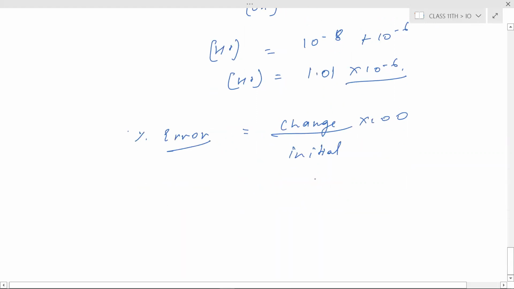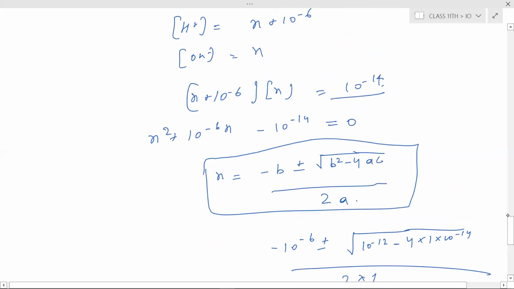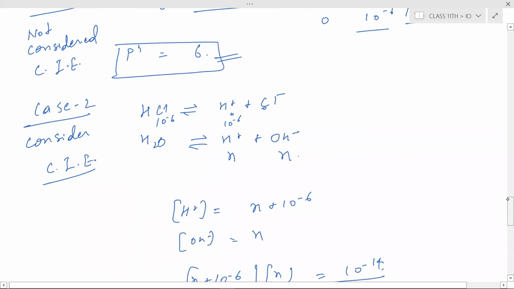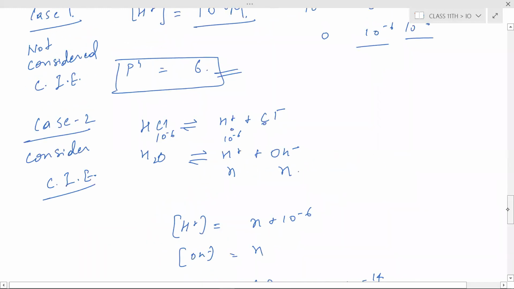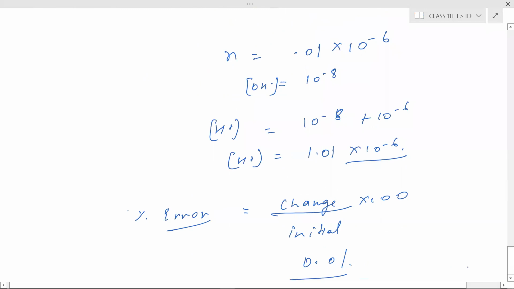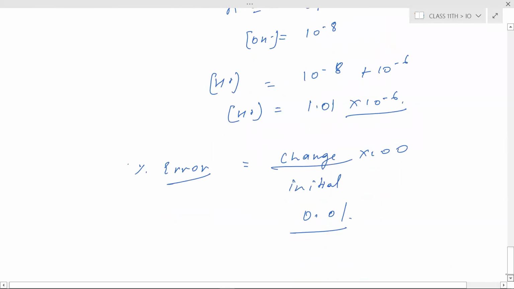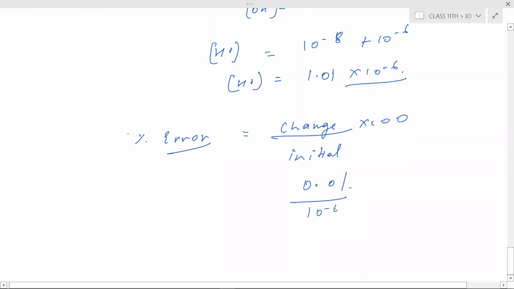What is the change here? That is 0.01, because initially it was 10 raised to minus 6. From the first case, what is the answer you are getting? 10 raised to minus 6, and from the second case, you are getting 10 raised to minus 6 into 1.01. Hence, the change is 0.01. Initial was 10 raised to minus 6, into 100.